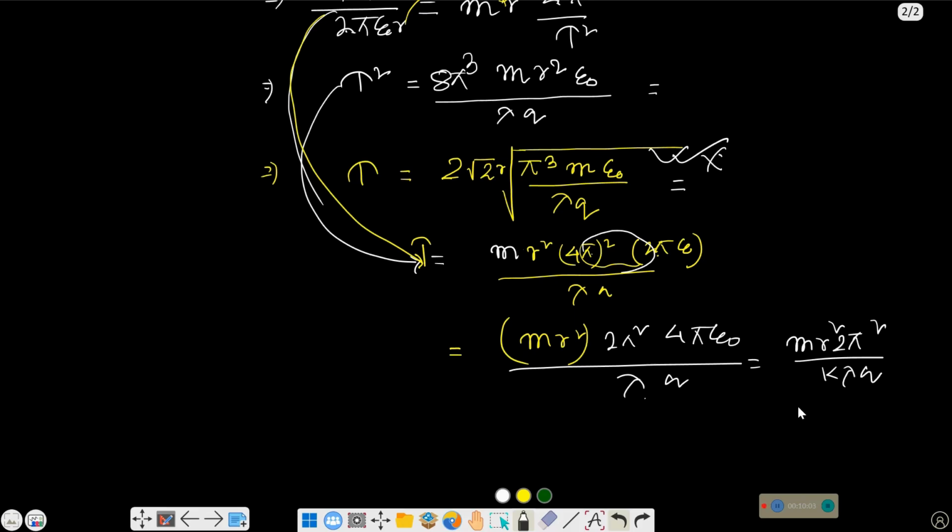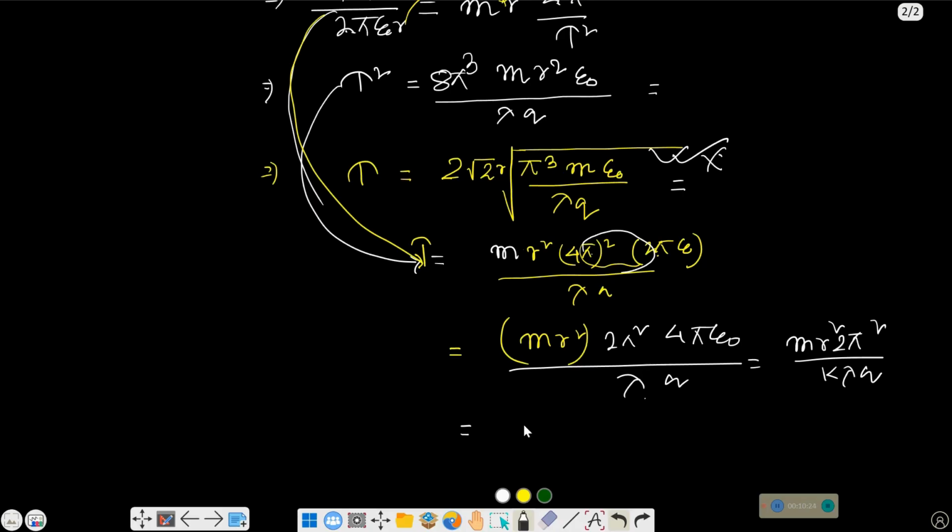Okay, this will be m r square by k lambda cube.